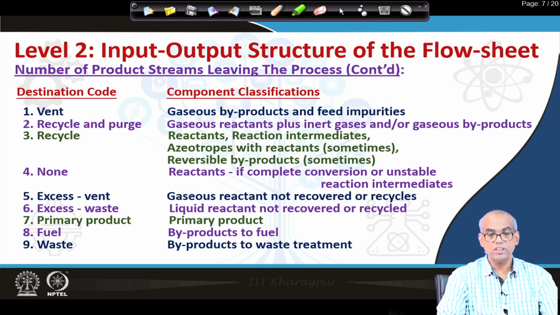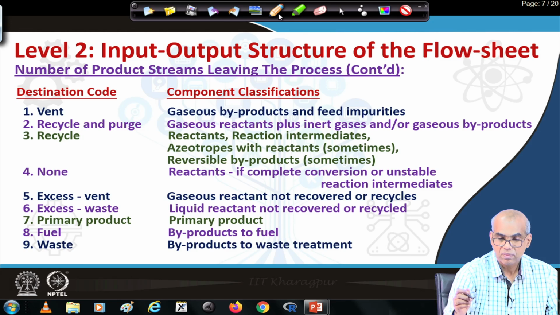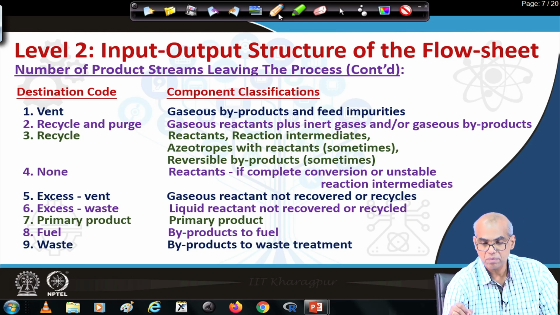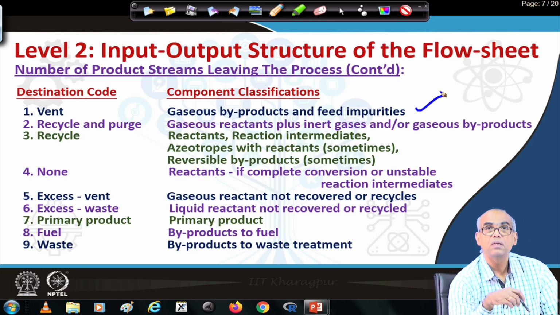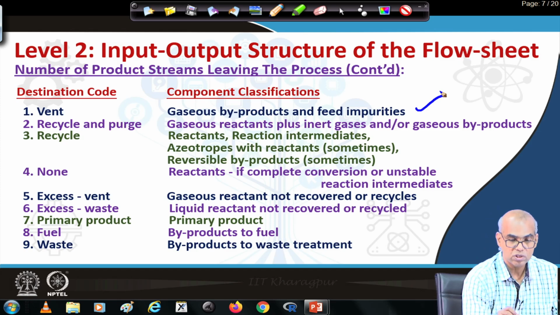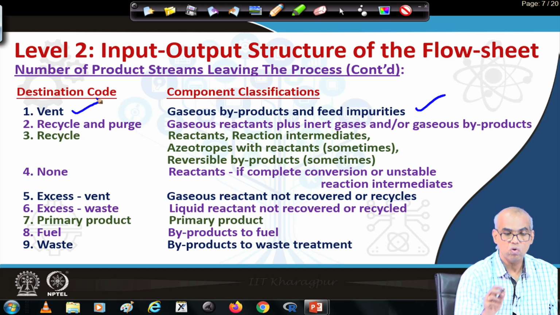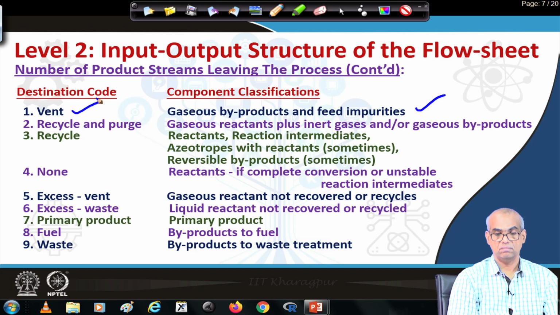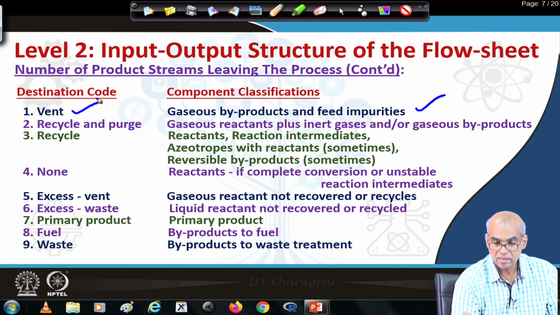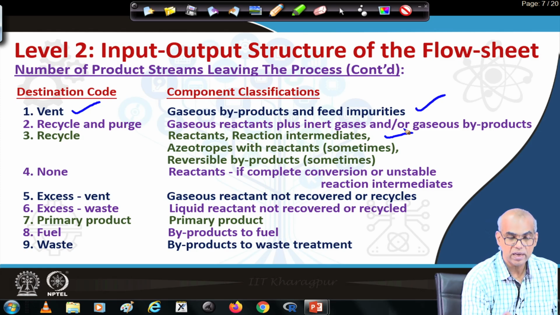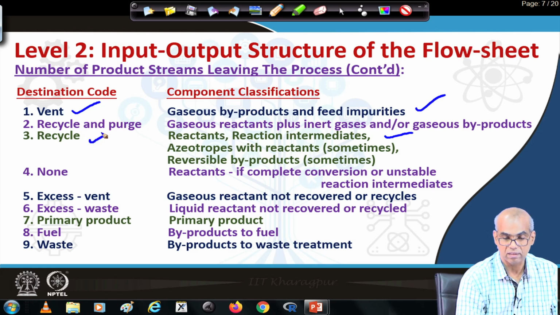Now, these are the destination codes and the associated component classifications. For example, if you have gaseous byproducts and feed impurities, this stream will be associated with destination code vent. To reactants and reaction intermediates, we will assign destination code recycle.